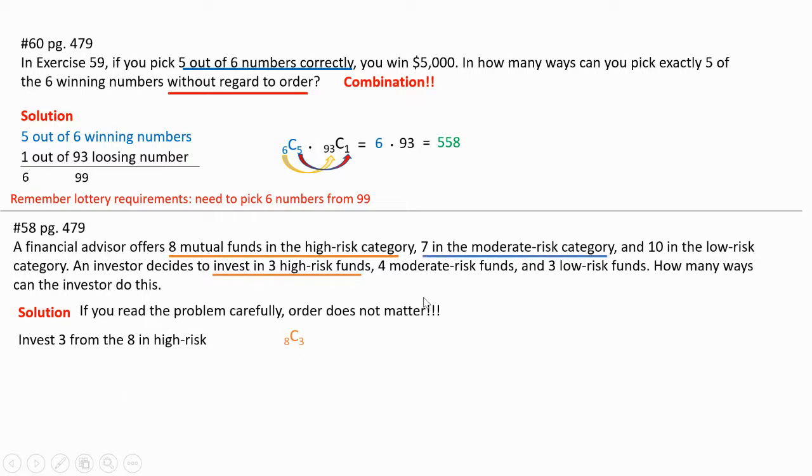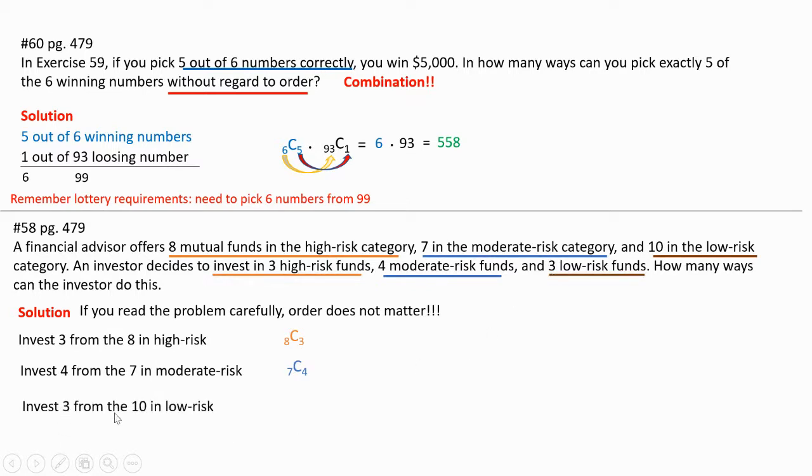And then for the moderate risk, we have 7, and we're going to invest in 4, so it's going to be 7 combination 4. And finally, we have the low risk, which are 10, and we want to invest in 3, so it's going to be 10 combination 3.